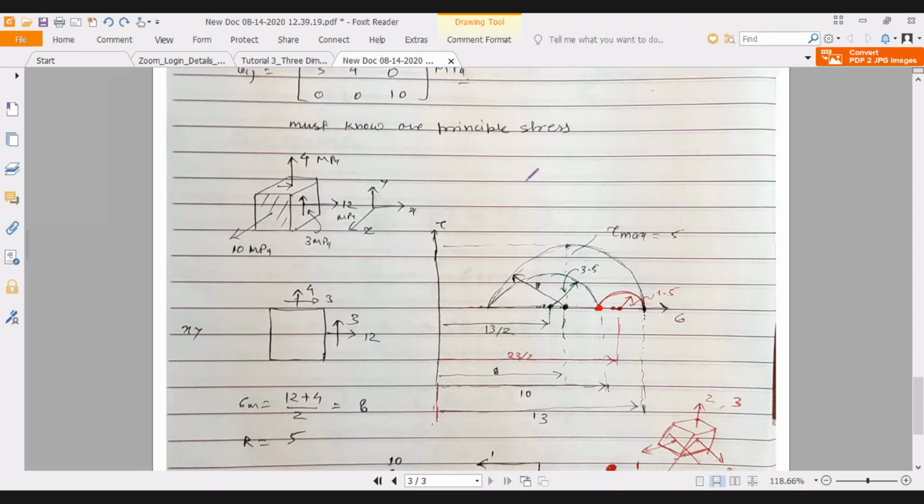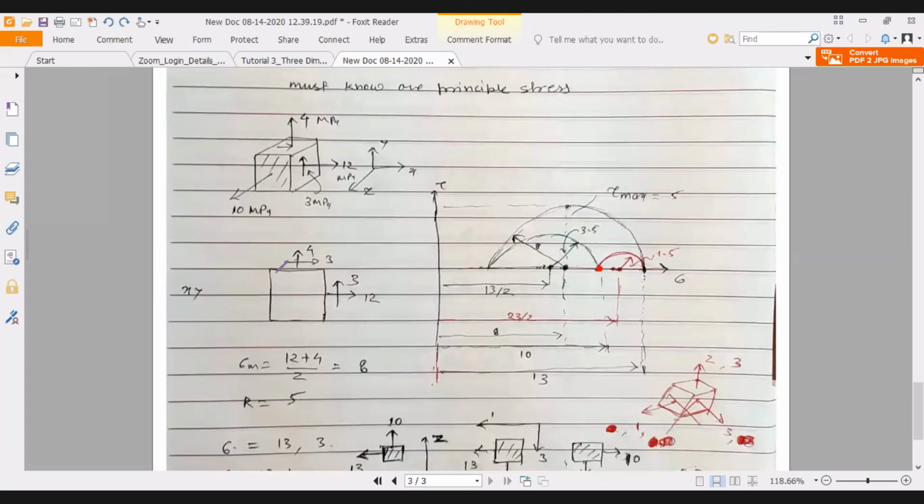Now you can draw the xy plane, which will look like this: in the y direction it is 4, in the x direction it is 12. Corresponding to these stress values, you can calculate the mean.